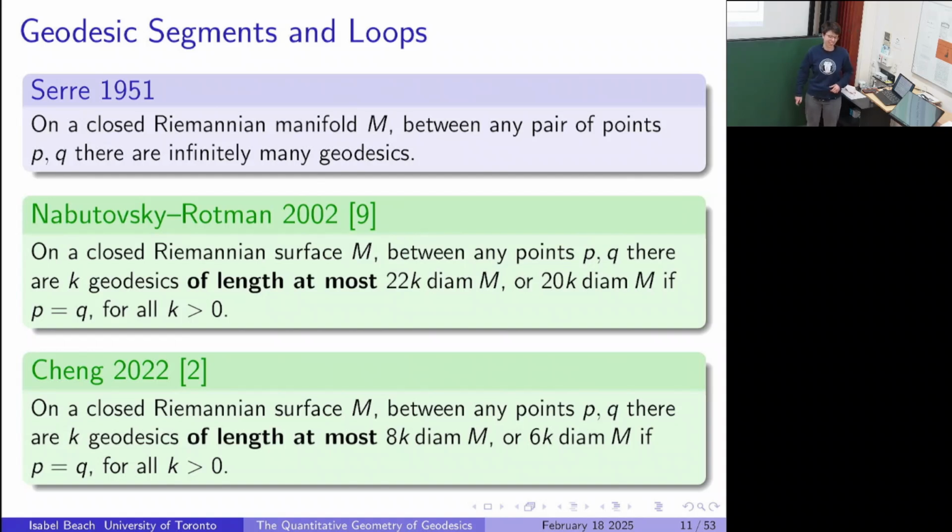Yes, sorry, I couldn't see you. Improved this bound recently to 8 times k times the diameter, or 6 times k times the diameter in the case of loops. And I think you also have a slightly tighter bound depending on even and odd or some such thing. But yeah, so these are both quantitative versions of Serre's theorem.